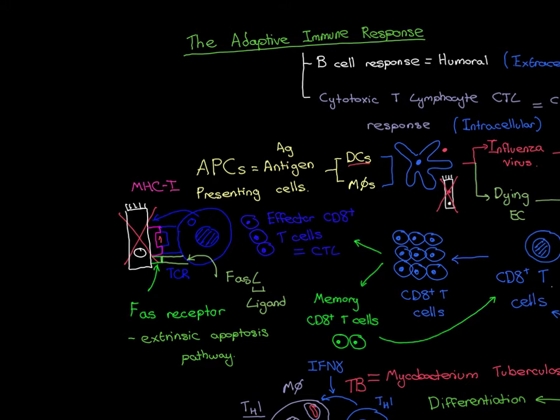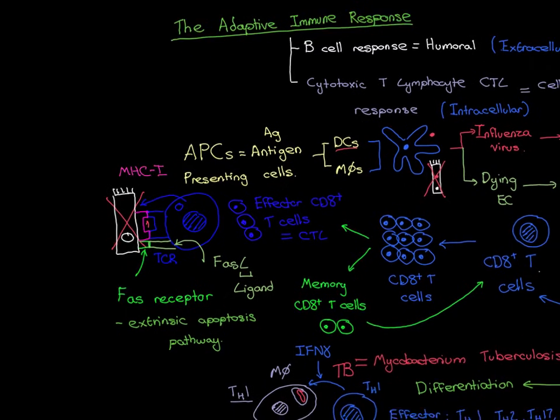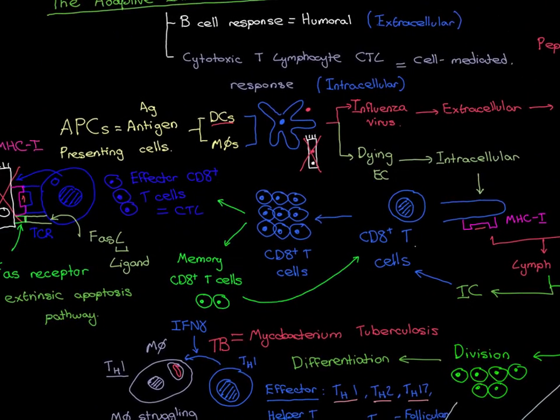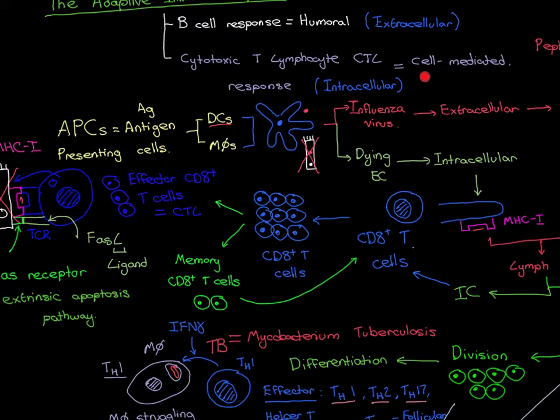So the cell dies to save other cells, so it sacrifices itself on the orders of the cytotoxic T lymphocyte. So that's the cytotoxic T lymphocyte response complete. That is that arm of the adaptive immune response, the intracellular arm, killing intracellular pathogens whilst they are intracellular. Let's now go on to the extracellular response, which we did not finish.